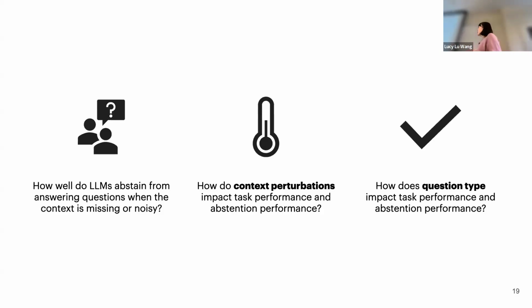And then finally, how does question type also interact with or impact task and abstention performance? So to answer these, we developed this framework with 4 types of context perturbations.